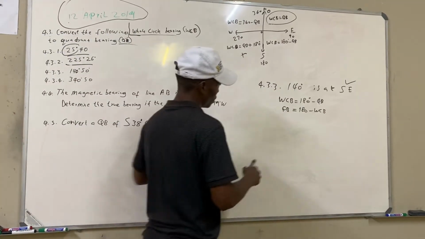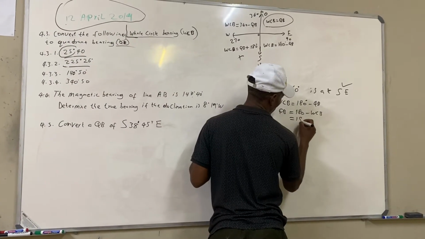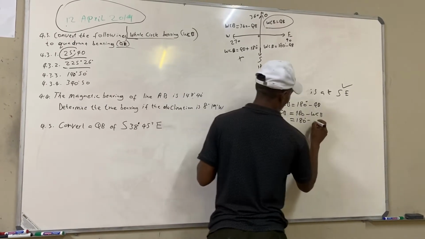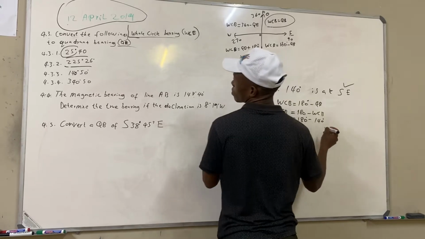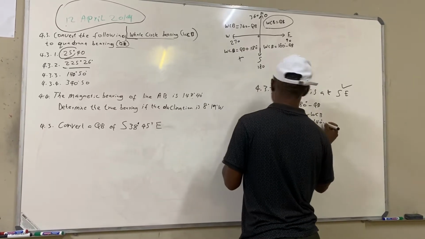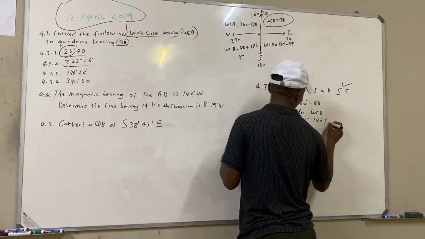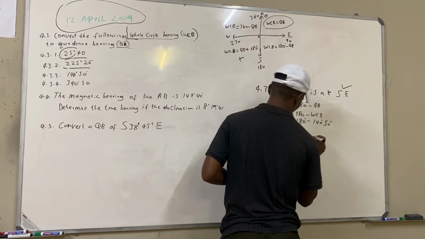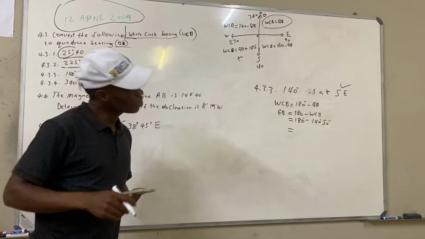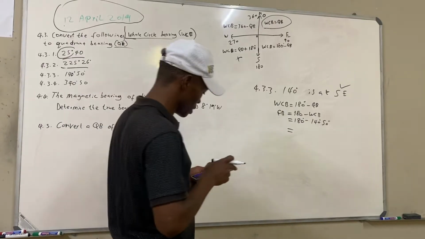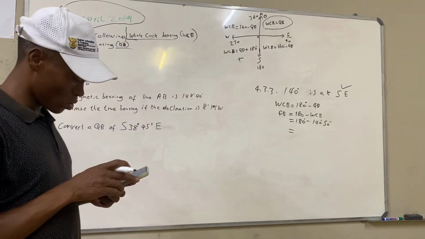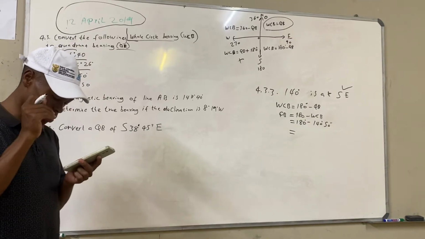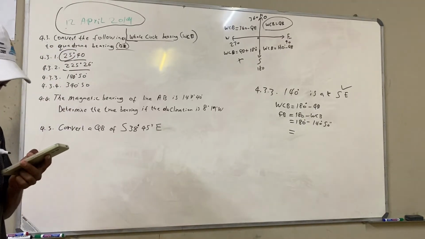As we are given the whole circle bearing, 140 degrees 50 minutes, now it's going to be 180 degrees minus 140 degrees 50 minutes. Then use the same calculator. Simple. Don't forget to press the degrees key, because if you press a different thing, it's going to be another mistake.